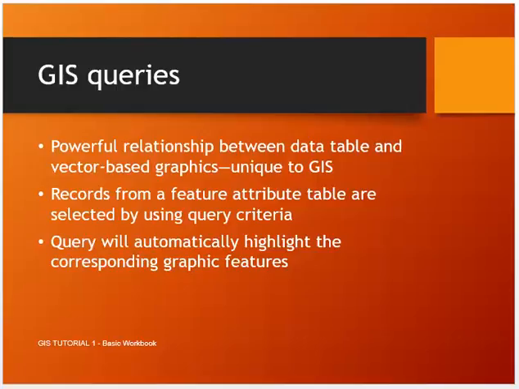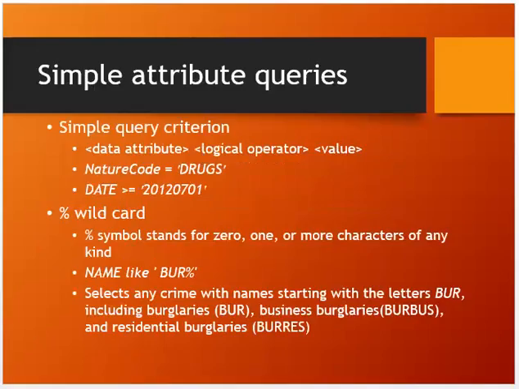You can also query the attributes, because as you build your map, you've also got a corresponding attribute table. If you select records out of the table, they're reflected in the map. If you select records out of the map, they're reflected in the table. So they're linked together.